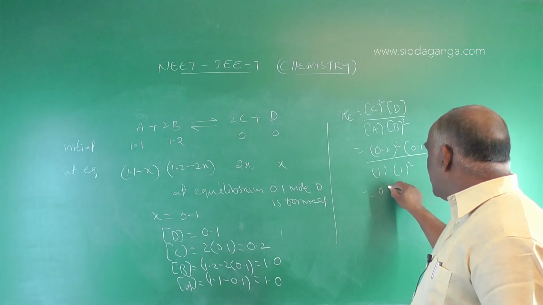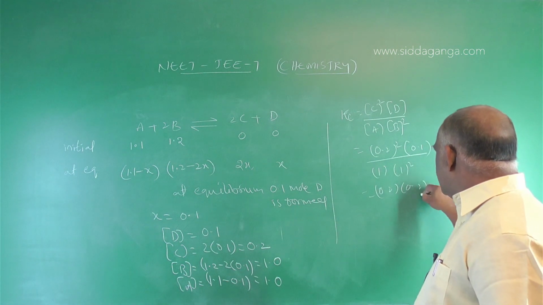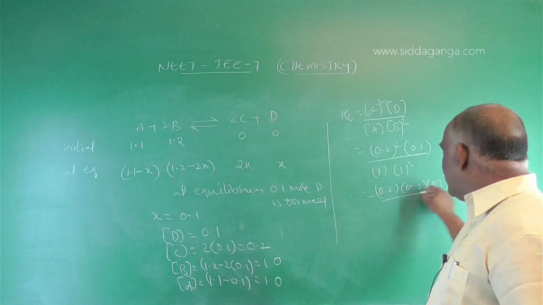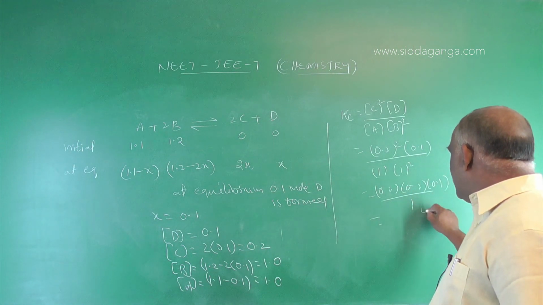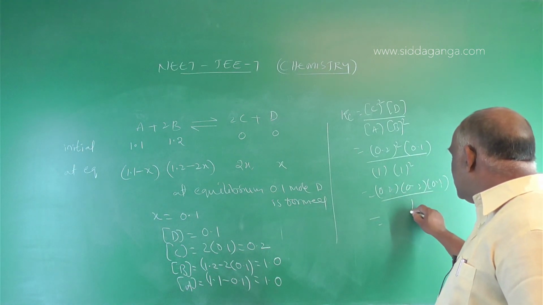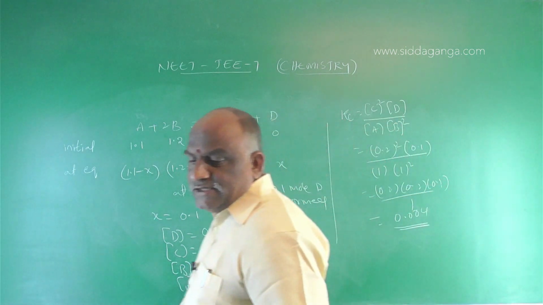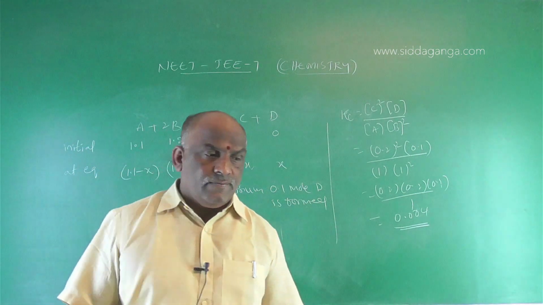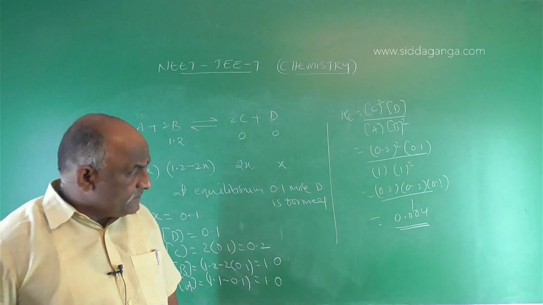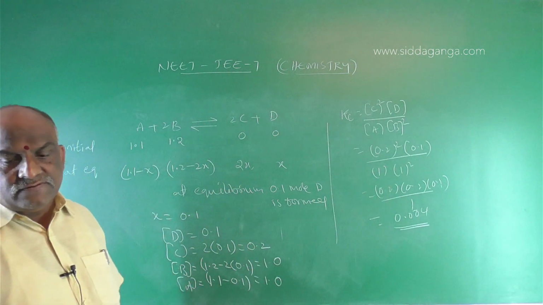So it is 0.2, 0.2, 0.1 divided by 1. The answer is 0.004. 0.004 is the right answer for this question.